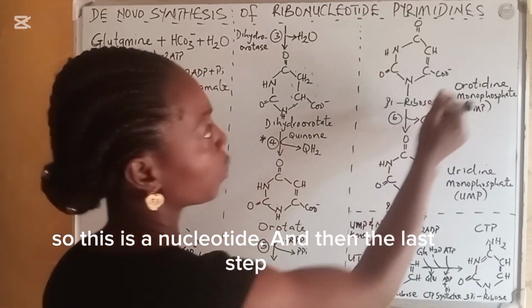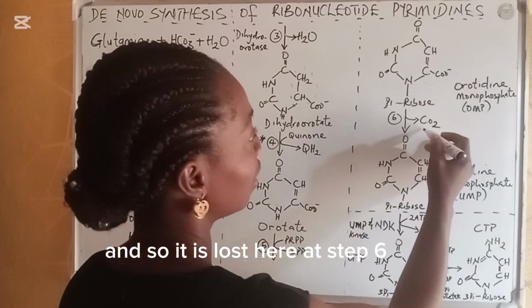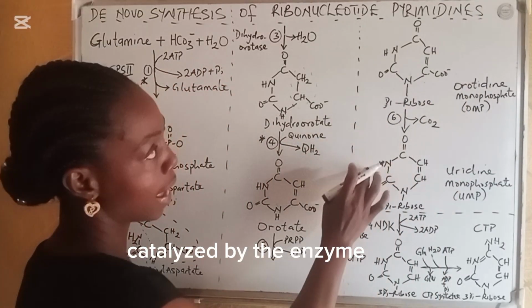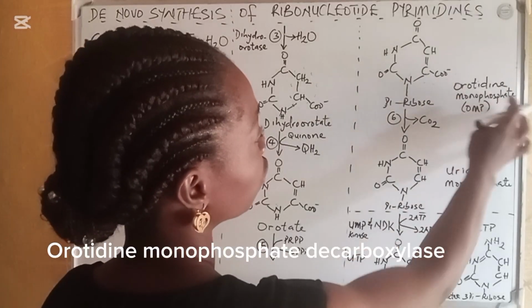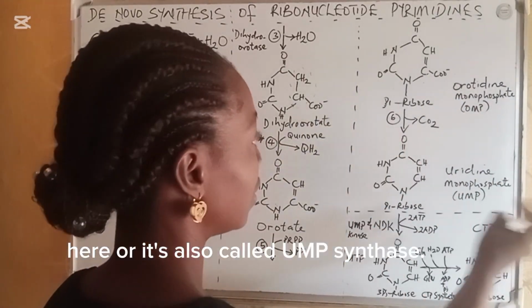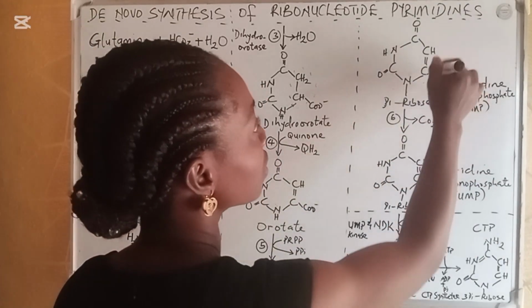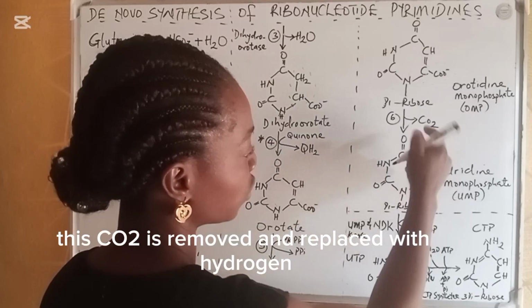And then the last step, we need to lose this CO2 group. And so it is lost here at step 6, catalyzed by the enzyme orotidine monophosphate decarboxylase, or it's also called UMP synthase. This CO2 is removed and replaced with hydrogen at this step.